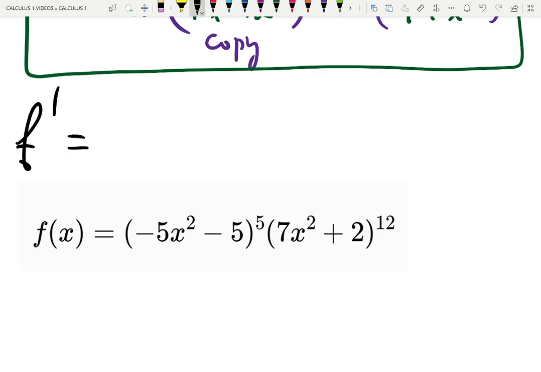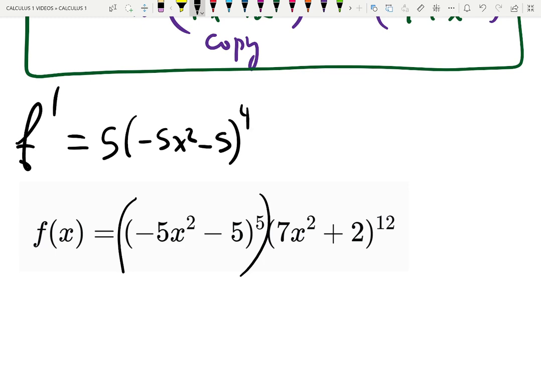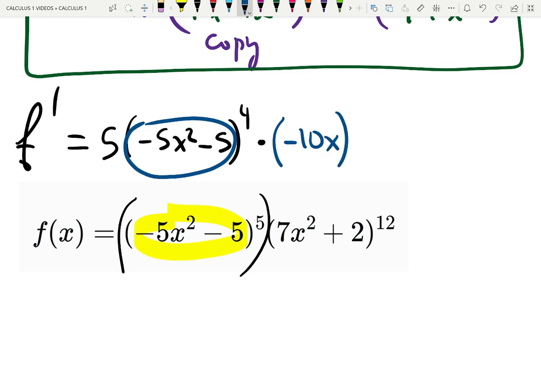The derivative of the first function is 5 goes down, minus 5x squared minus 5 to the 4 times the derivative of the function inside is, let me change the color just for fun. Derivative of minus 5x squared minus 5 is minus 10x. Copy. So you can put brackets, open new brackets.